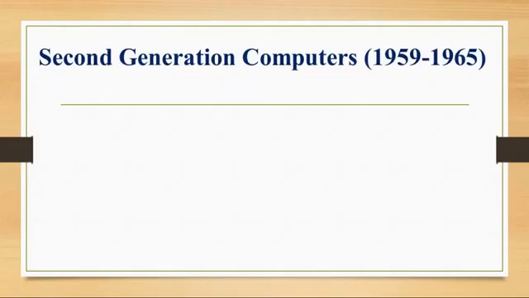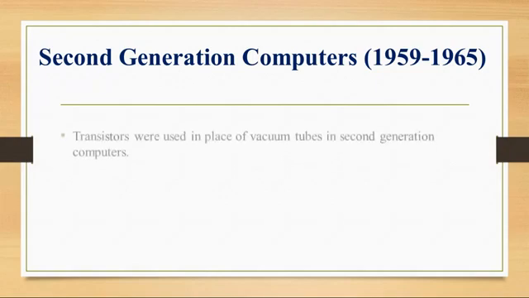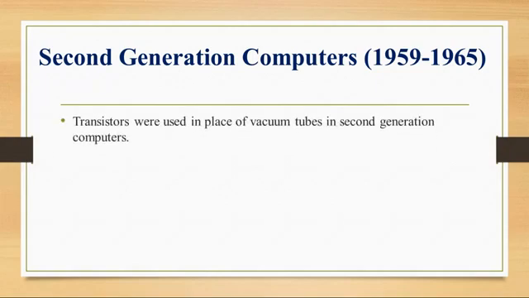The second generation computer was developed between 1959 and 1965. Well, students, second generation computer used a new electronic device called transistors in place of vacuum tubes.